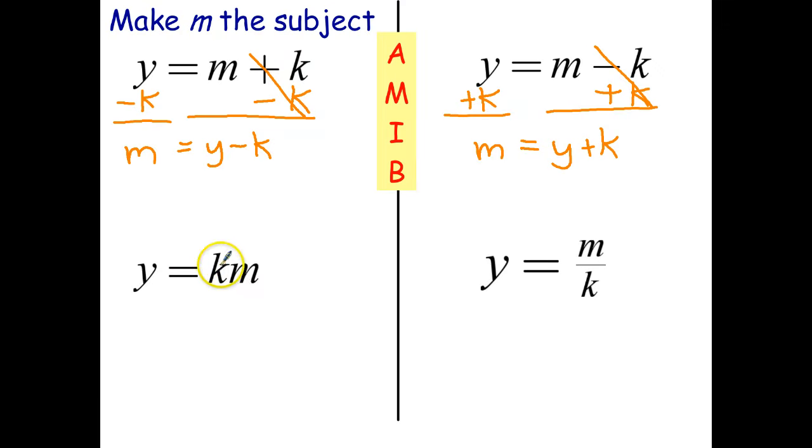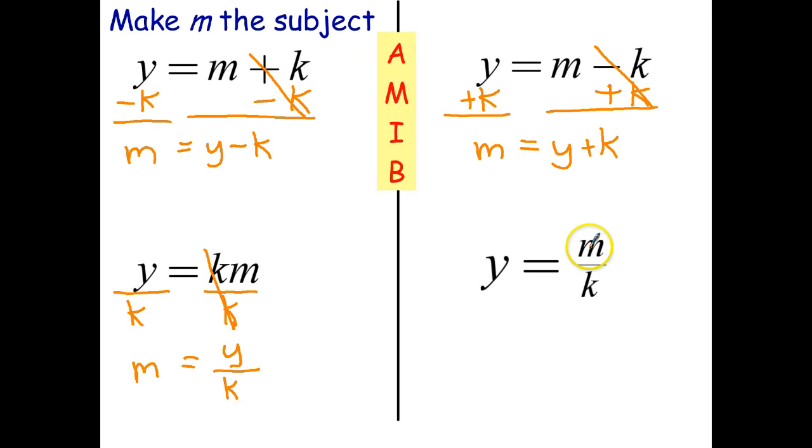This one, k is multiplied by m, or m is multiplied by k. To make m the subject, the opposite of multiplying by k is dividing by k. They cross out, or you could sort of say k over k equals 1, and 1m is just m. We write the m on the left-hand side since it's a subject, and the expression on the right is y over k.